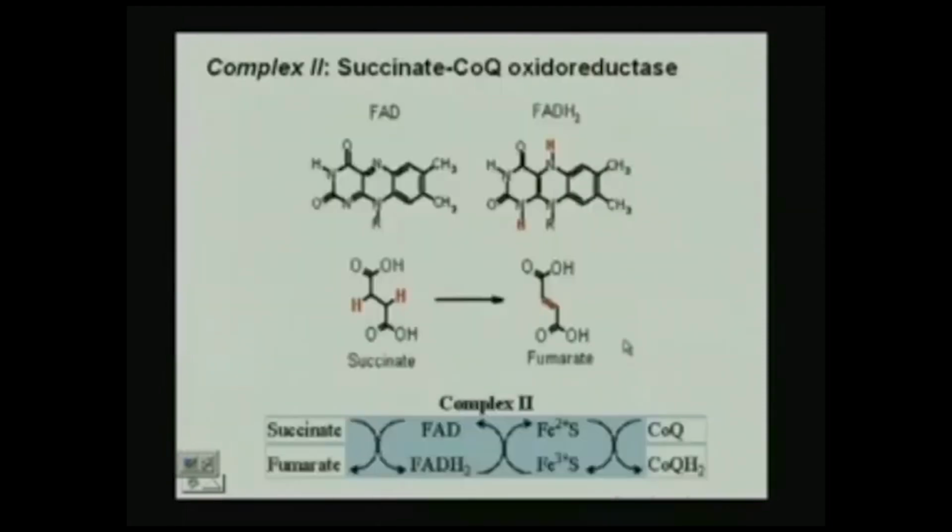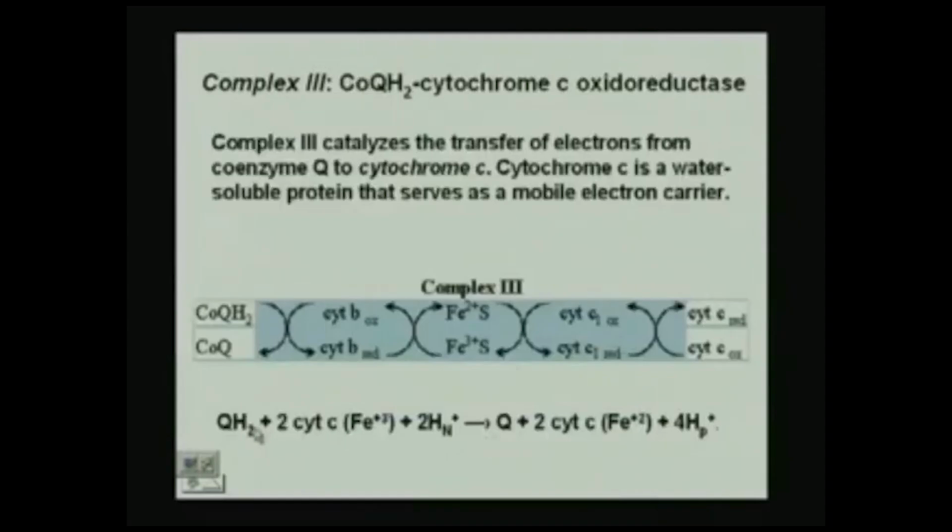So, we have to have another system with the cytochromes in this case that is going to take QH2 with the help of cytochrome C, with 2 protons from the matrix side, that is the N side, to form Q. The 2 cytochromes were Fe3 plus, and they are going to form Fe2 plus.